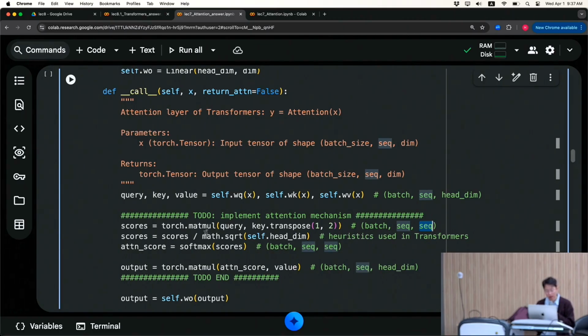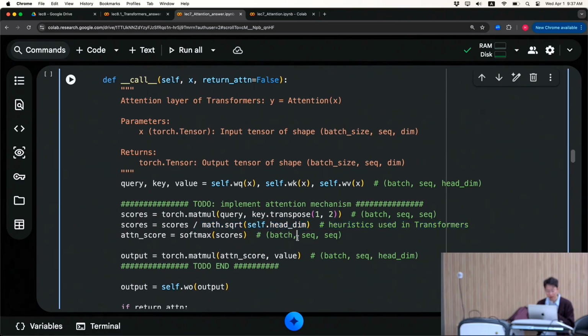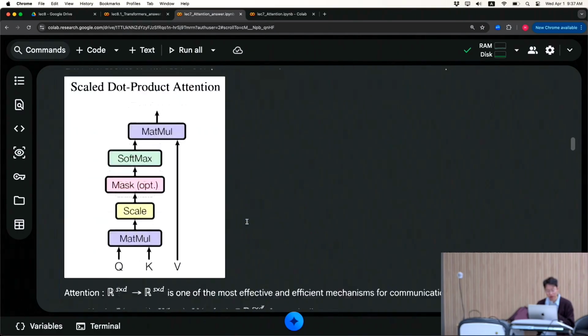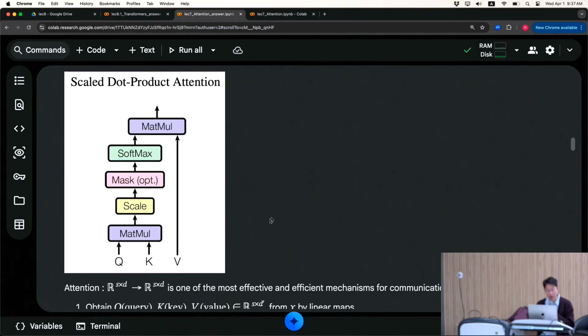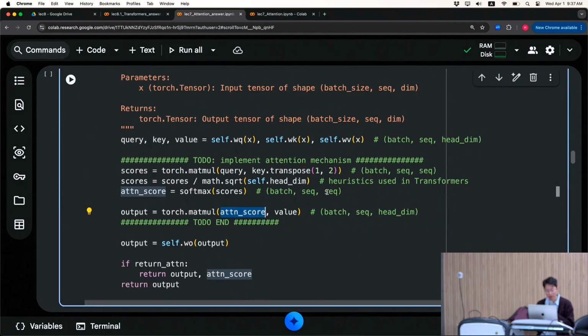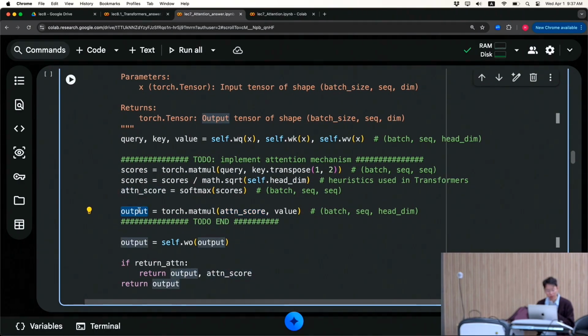And then we talked about this in the class. You normalize this by the square root of the head dimension. And then simply you take the softmax, and that's the attention score. And you take the attention score, and like in the figure, you multiply by the value vector. And that's the output.